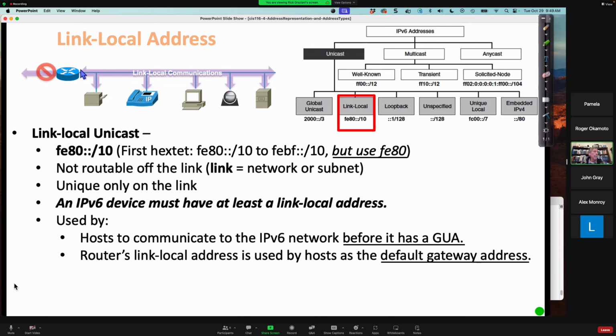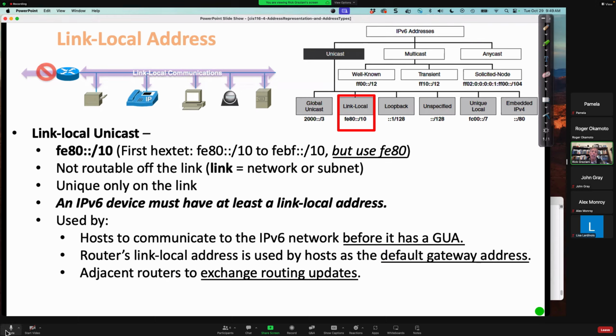So to guarantee that the default gateway is on your network, we'll use the router's link local address. We'll talk more about the advantages of all of this. Also, routers use link local to exchange routing updates with each other. Link local guarantees that you and I can talk directly.